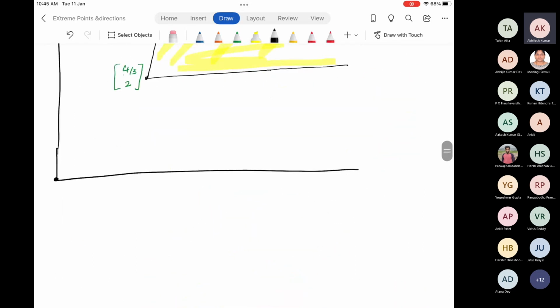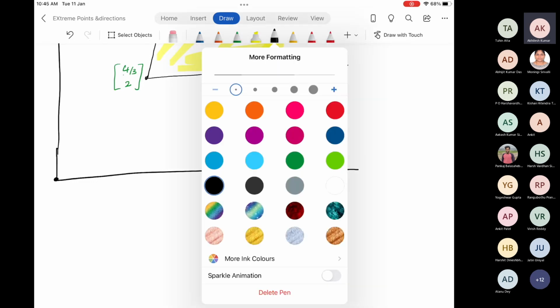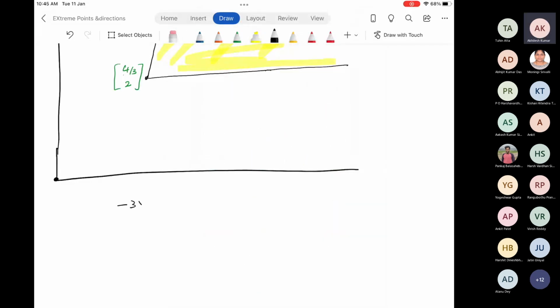Does that make sense? So we'll write each equation as minus 3x1 plus x2 plus lambda into minus 3d1 plus d2 less than equal to minus 2. Does this make sense? Yes, sir.